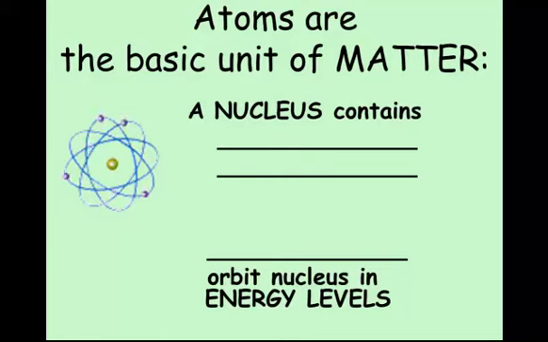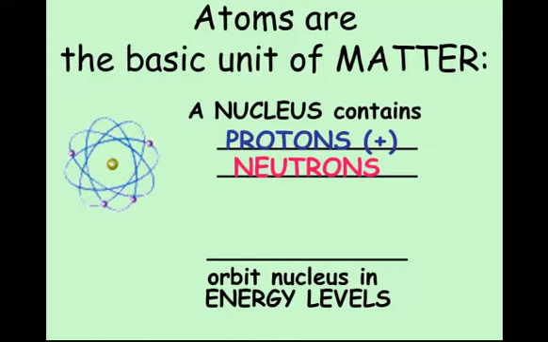Atoms are our smallest little piece of matter, and we said atoms have a nucleus in the center that contains protons and neutrons. The atom itself also has electrons orbiting around the nucleus in what we call energy levels.